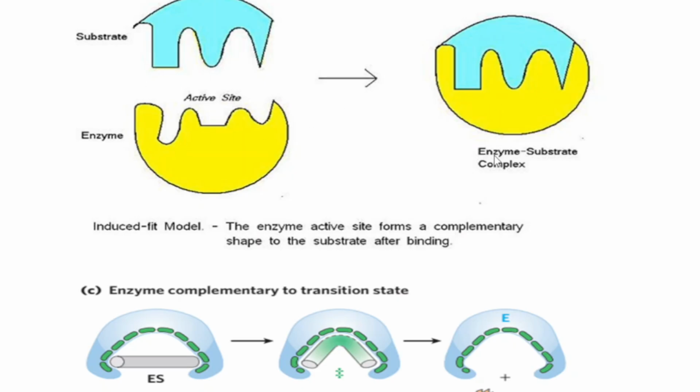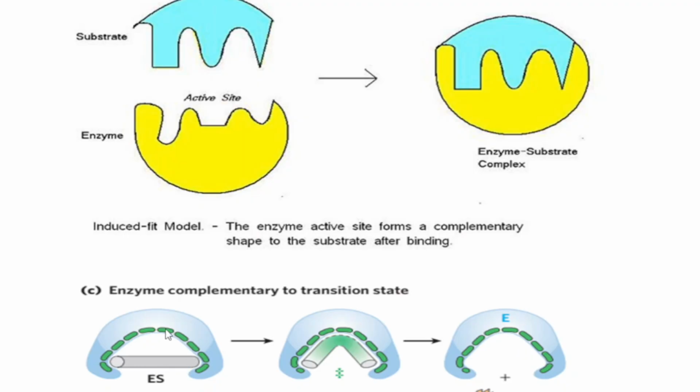The shapes of these two are not complementary, but in the enzyme substrate complex, the binding of the substrate changes the conformation of the active site. So the enzyme active site forms a complementary shape to the substrate after binding.